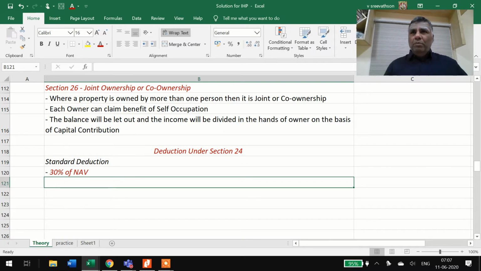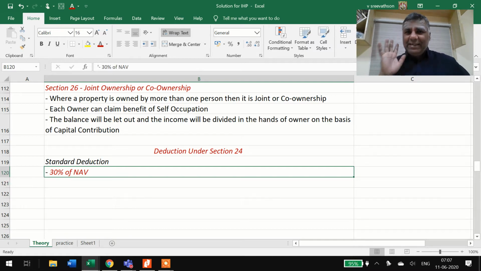If you remember last class, I think Darshit or somebody asked me, what about, sir, I incur a lot of maintenance charges, a lot of small costs for my house property, will those be allowed as deduction?